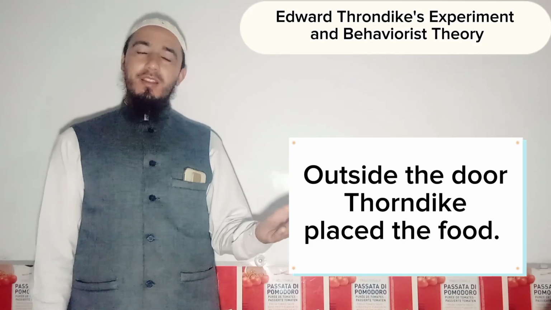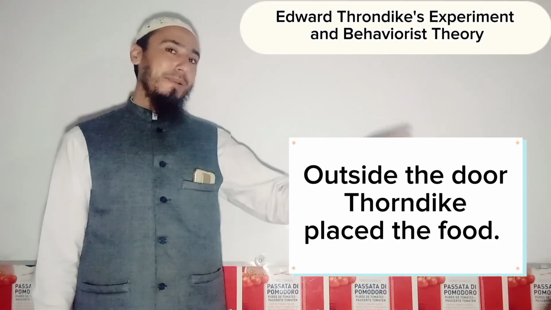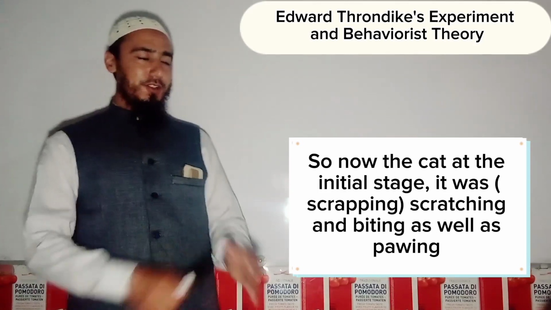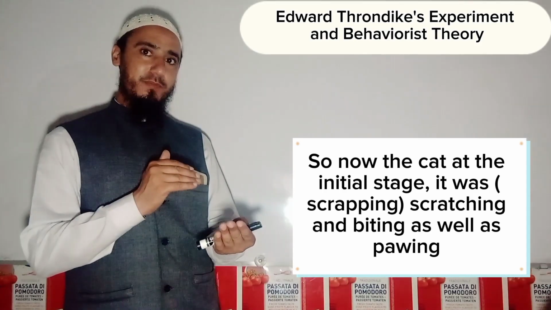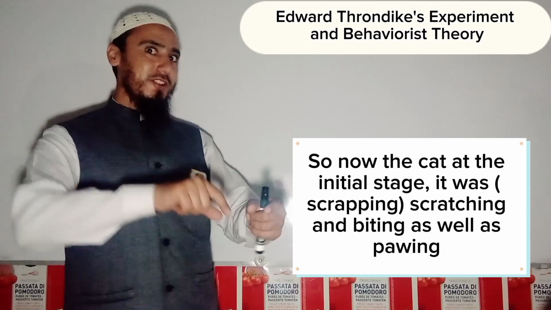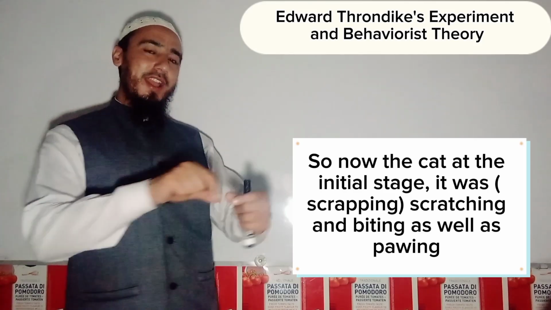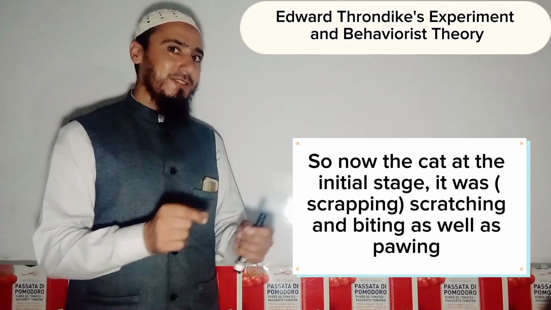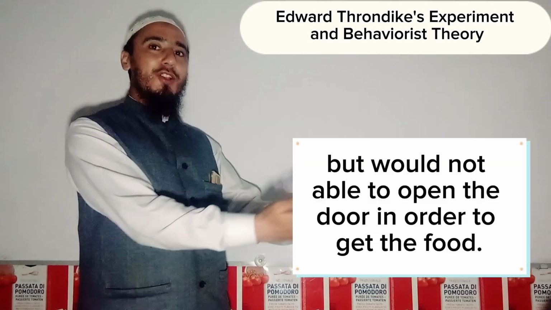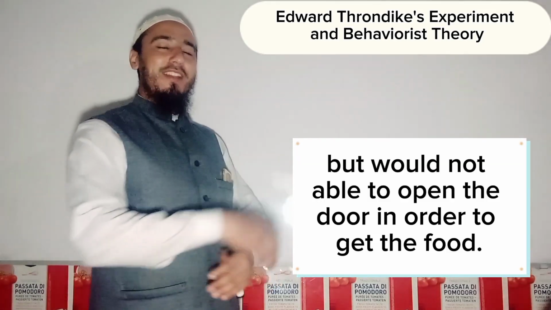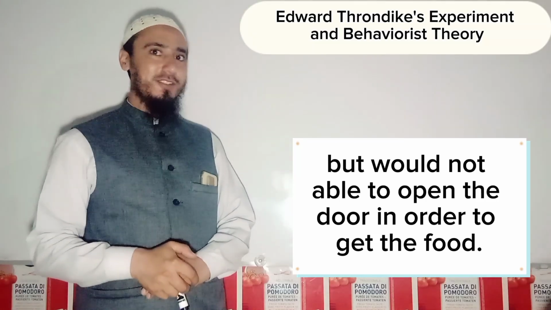Outside the door, Thorndike placed the food. The cat at the initial stage was just scraping and biting as well as pawing, but was not able to open the door in order to get the food.